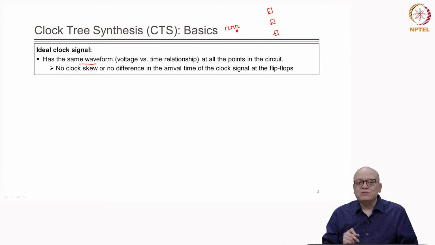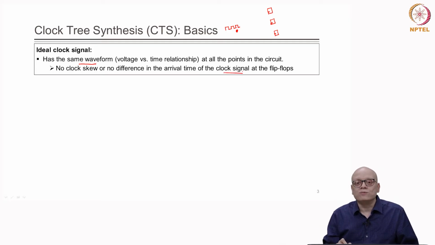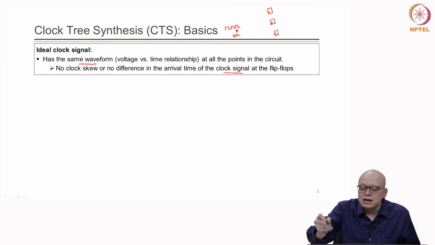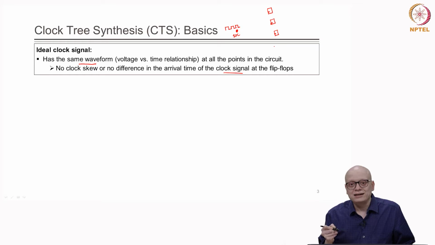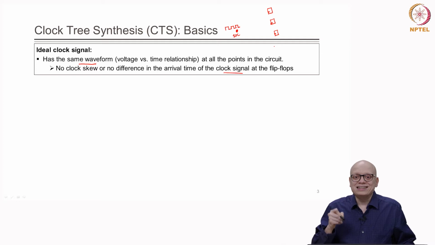In particular, we expect that there is no clock skew. And what do we mean by clock skew? The clock skew is the difference in the arrival time of the clock signal at the flip flops. So, if there is a clock source and there are multiple clock pins in our design, we expect that at all the clock pins in the design, the clock signal is received simultaneously, at the same time.